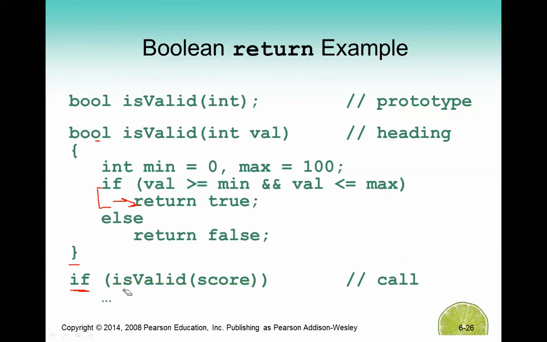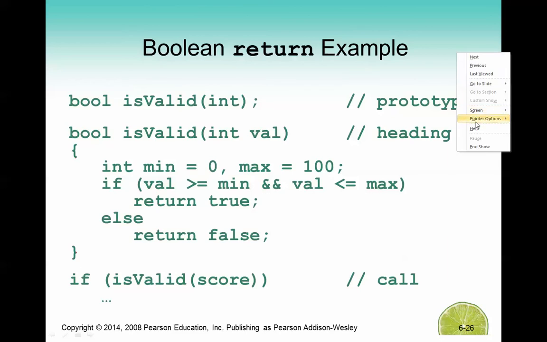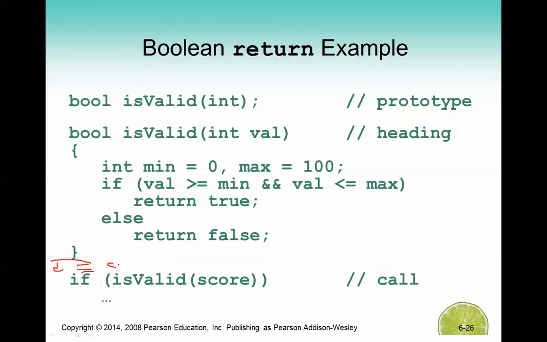Okay, we're going to do it again, but now with a different value so that we can test it one more time and we can analyze this. Okay, so again, remember, this part is in main. And we have some instructions here. Let's suppose that here I have a cin, and I'm asking the user to give me score.